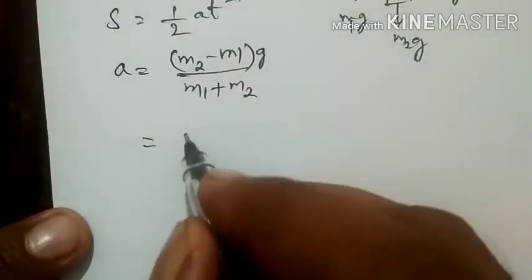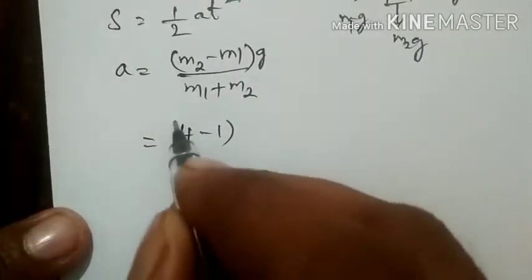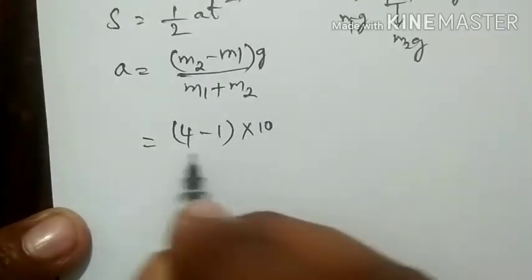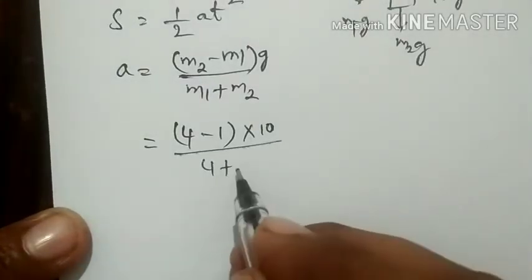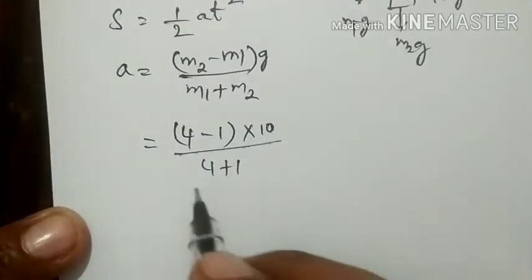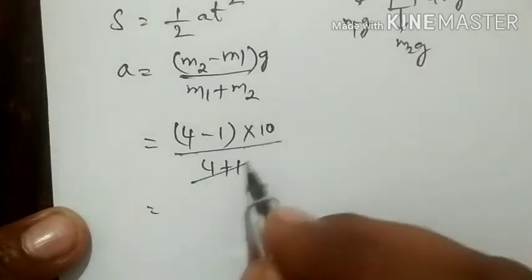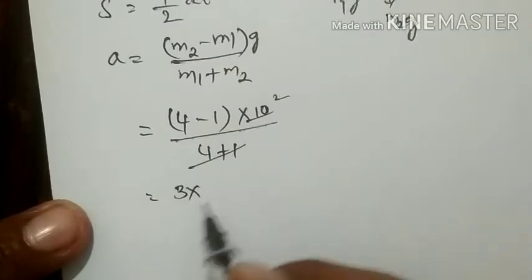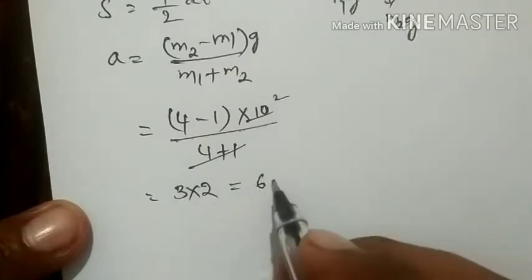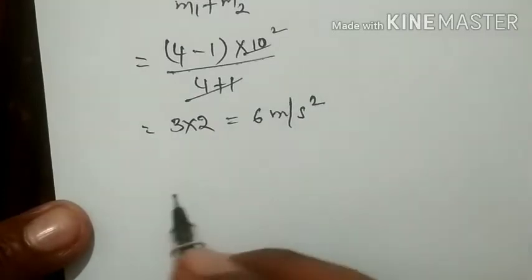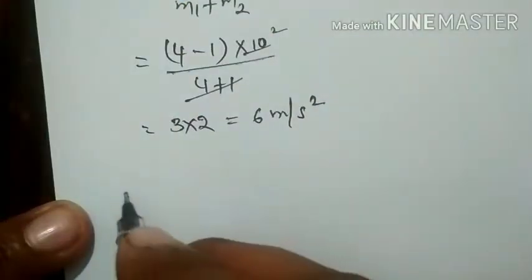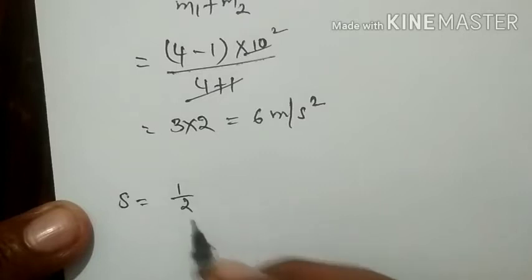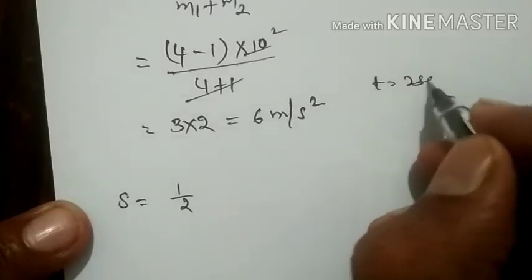So it is 4 minus 1 by 4 plus 1, into 10. Here the acceleration is 3 into 2, which is 6 meter per second square. You can substitute this acceleration here. The time interval is given as t equal to 2 seconds.